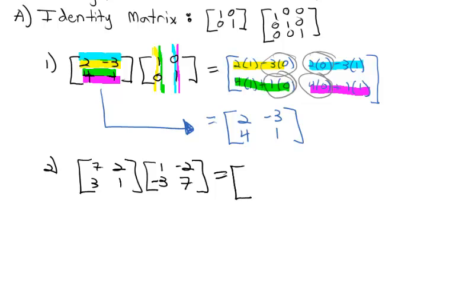Following the same logic, first row, first column is going to be 7 times 1 plus 2 times -3. In the first row, second column, we've got 7 times -2 plus 2 times 7.